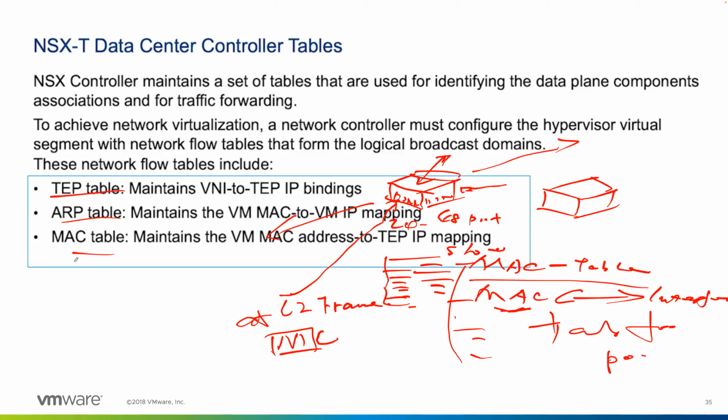Back to NSX as layer 2 switching, we're going to talk about three tables, which are the TEP table, the ARP table and the MAC table, to see how NSX works.